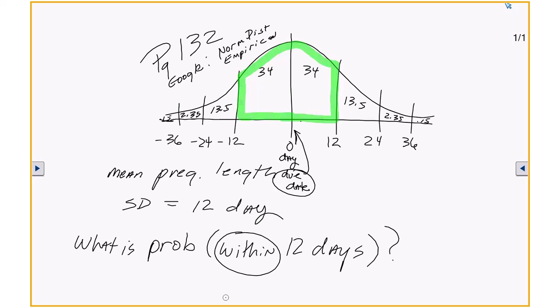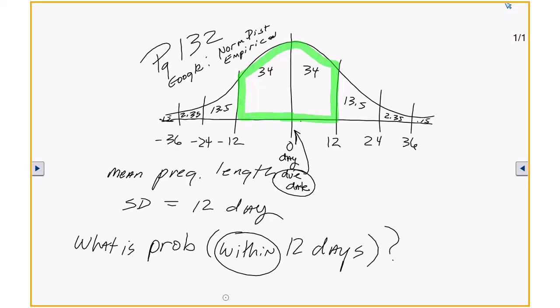And I usually put the pregnancy question on there for that one reason, because you have to think and say, well, they don't give us a mean. Well, there's no mean on pregnancy because the due date is the day that you're supposed to have the baby. And what do they ask you? If they say the due date's the 29th, then they probably are going to make you go on the 29th.